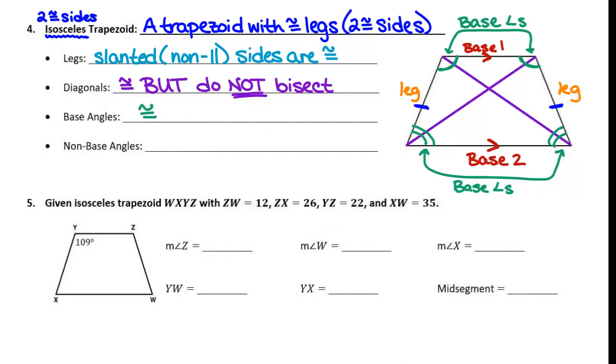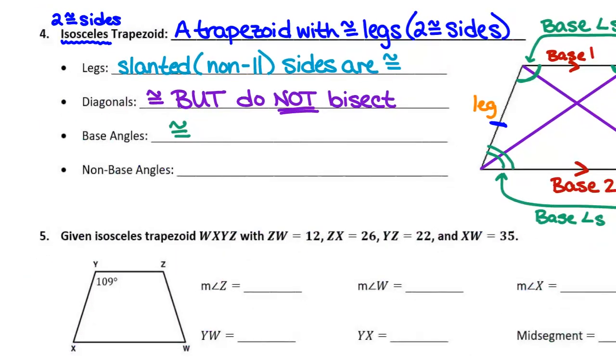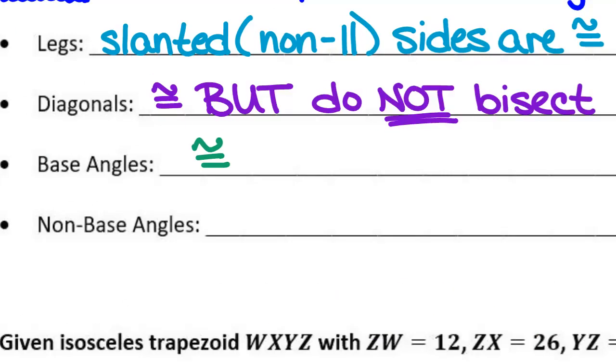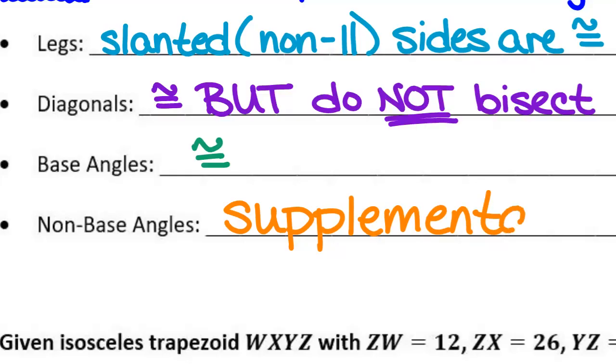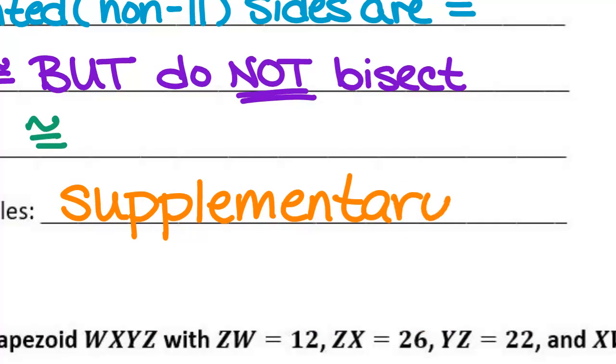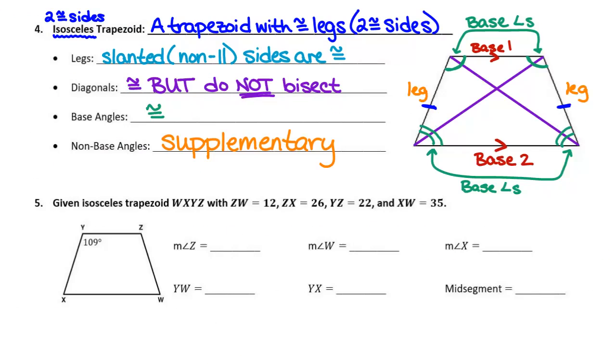The base angles are congruent. The non-base angles, so if I were to pick one angle that touches base 1 and one angle that touches base 2, those are supplementary. So base angles are congruent. Non-base angles are supplementary.